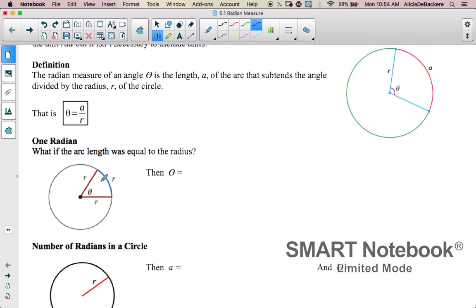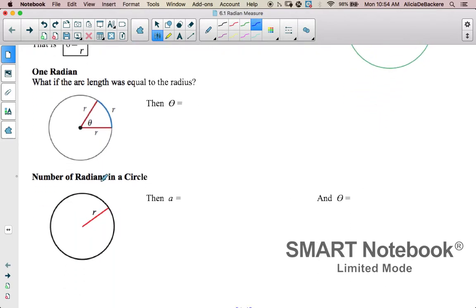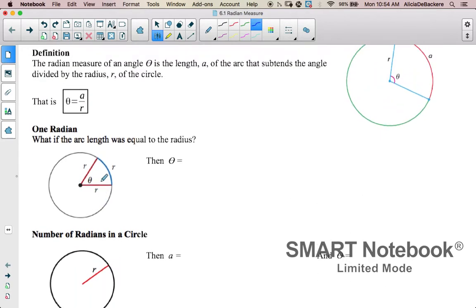So moving along, what does 1 radian look like? Well, if I think about what happens when the radius is equal to the length of the arc length. So here now I've drawn the arc length to be the same length as the radius. If I thought about straightening out that arc, it would turn into the same length as this here. Well, then my angle, I know, is the arc length over the radius.